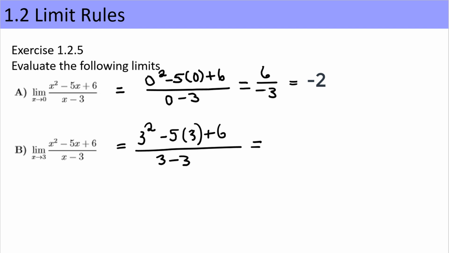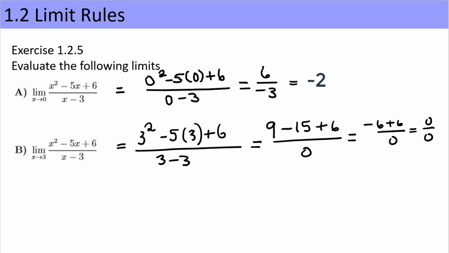So the numerator is 9 minus 15 plus 6, divided by 0. 9 minus 15 is negative 6, plus 6, divided by 0. Oh, we get the indeterminate form. That tells us we need to do something else.